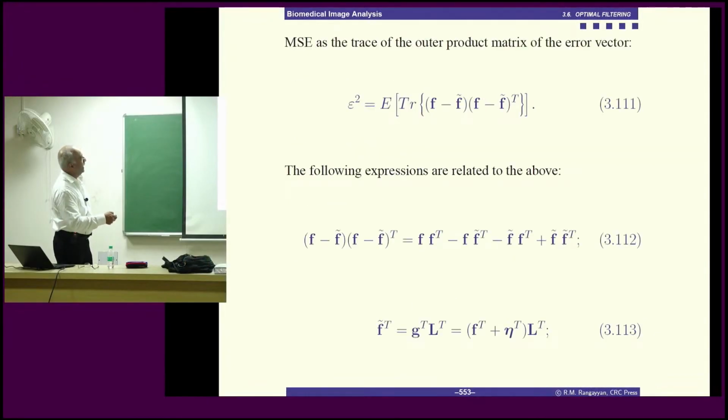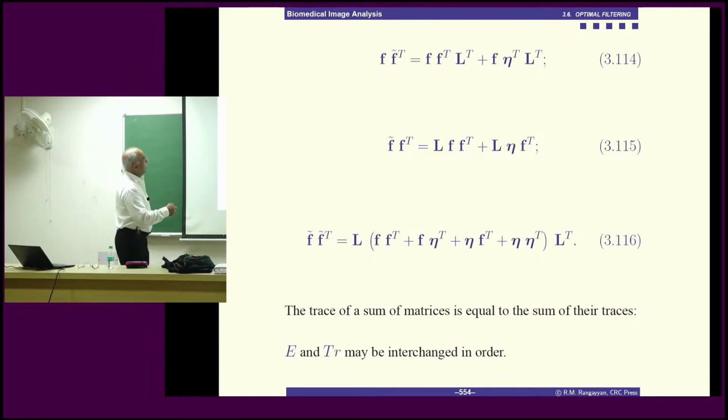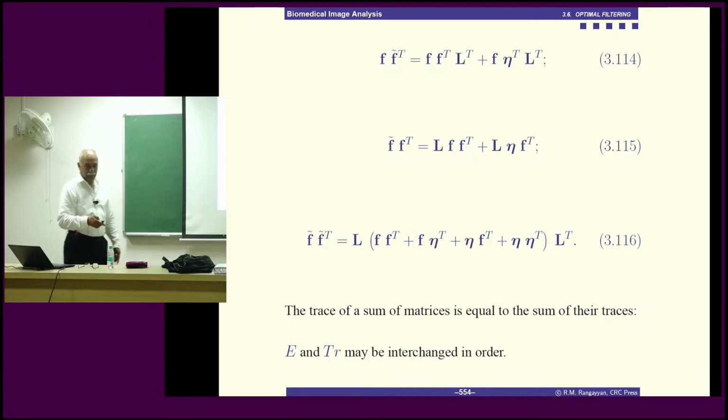And the mean squared error has all of these terms, these 4 terms. Expand each one of them using G equal to F plus eta, and F tilde as LG. And finally, each of these terms will turn out to be these quantities. So what you need to observe is that we have these combinations, the cross terms are coming now between the noise and the signal.